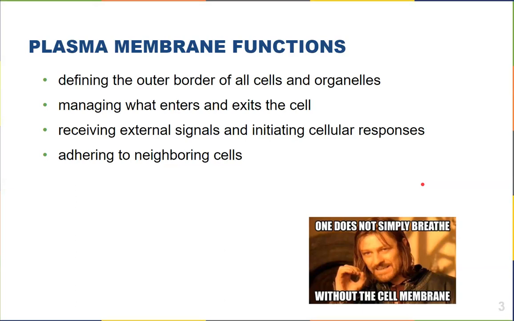If you remember them, gap junctions, desmosomes, and tight junctions are those junctions that animal cells have. Plasmodesmata are the ones that plant cells have. So you simply cannot breathe without the cell membrane. The cell membrane is responsible for taking in O2 and using it in the electron transport chain.